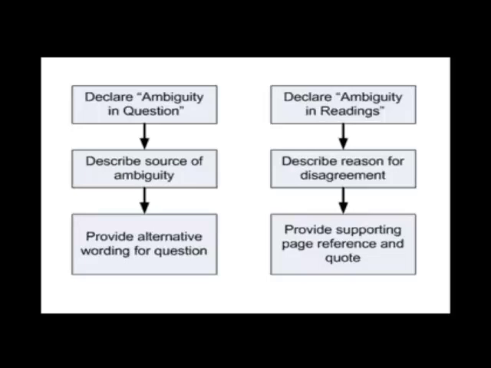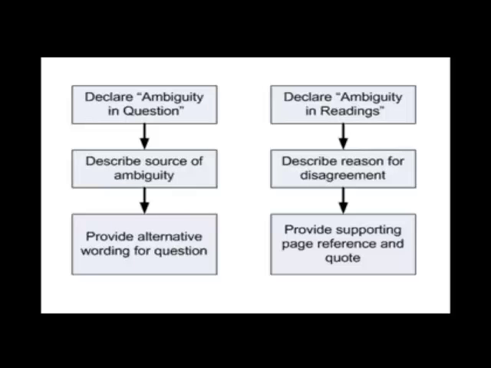So we allow appeals on two grounds. One is that there's ambiguity in the question, and the students need to describe the source of the ambiguity and provide an alternate wording for that question. And this might be where they also capture that sometimes I've keyed a question wrong, and they can point that out in the appeal. The other place that they can declare ambiguity is in the readings themselves.